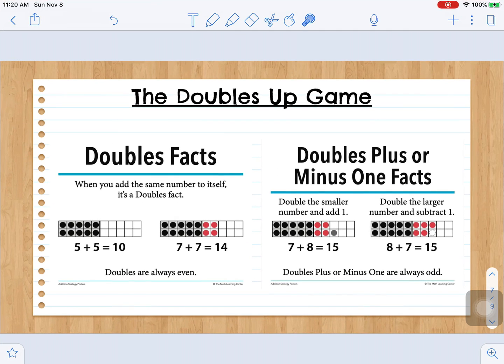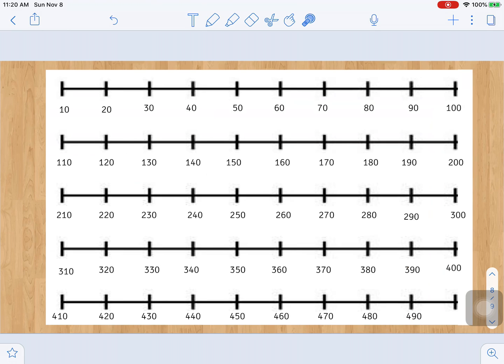The last part for Number Corner is filling in our number line. Yesterday, we ended up at 490 after we counted by tens, and we went up 10 in the tens place every time. So today, if we do 490 plus 10, what number do you think we will land on?